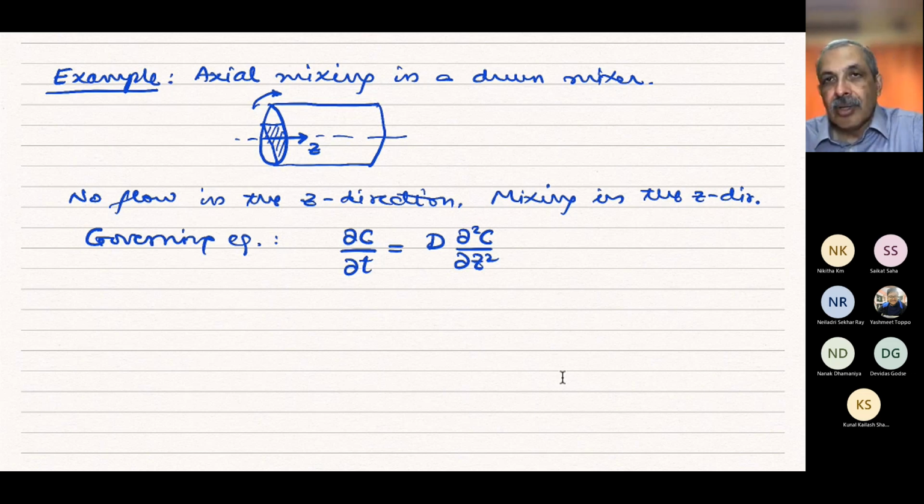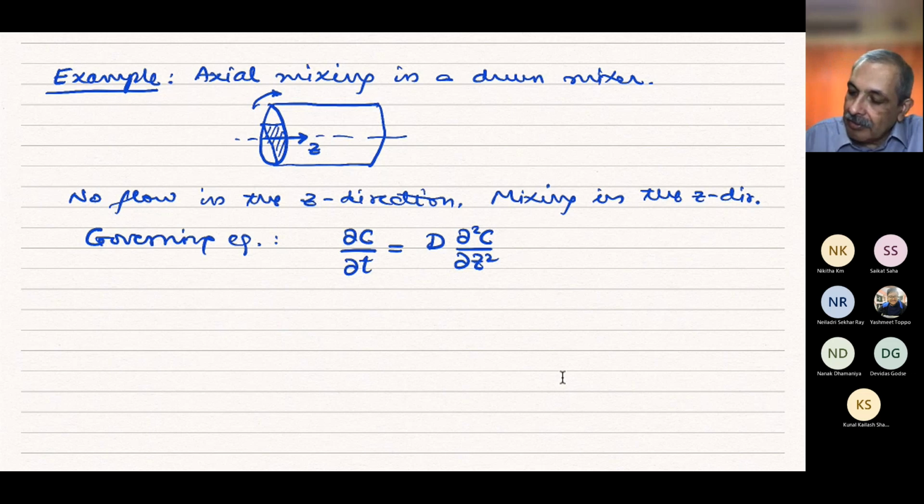And this equation you can solve, and there are many ways of solving it. You can do a combination of variable solution if your cylinder is very, very long. If you have a finite cylinder, then you'll have a sine cosine type of solution.